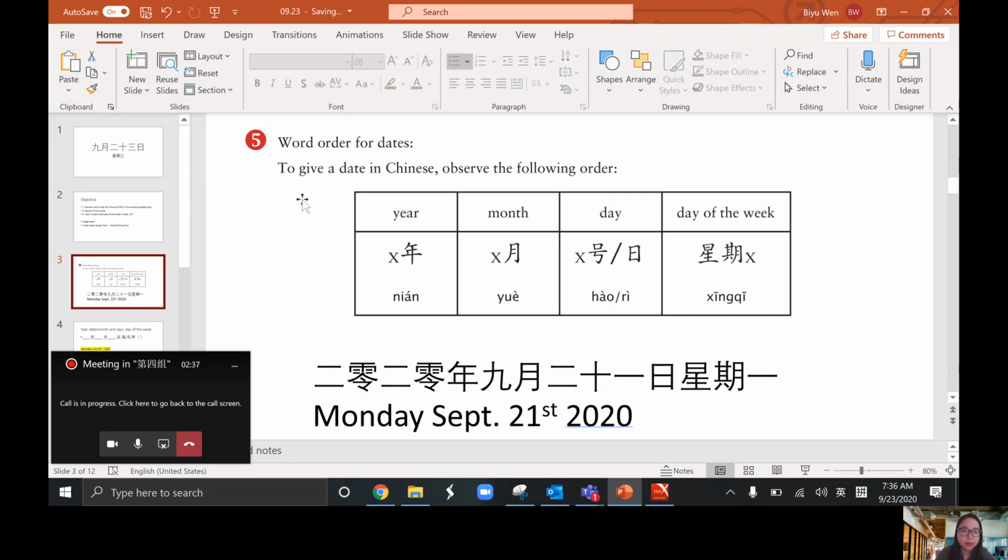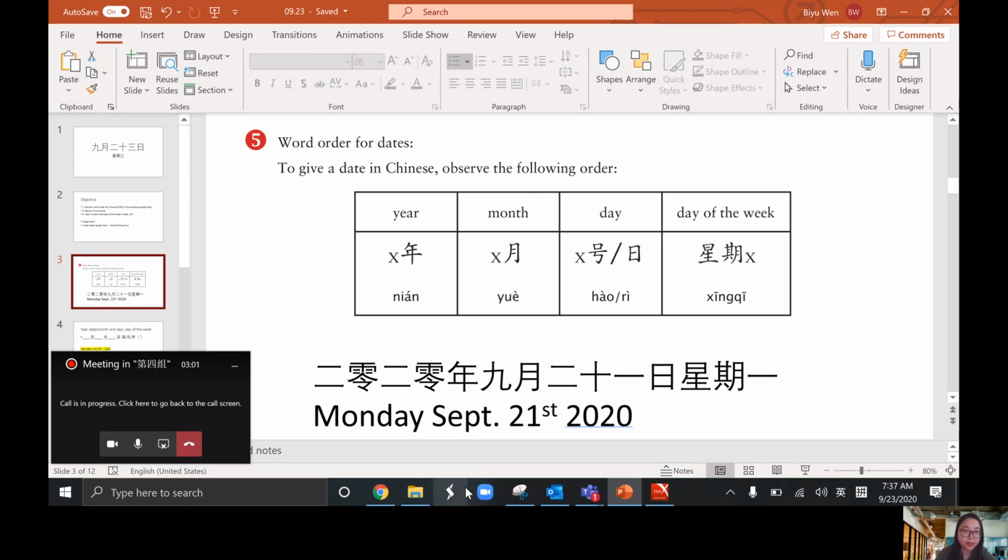好. So this is what I shared 2 days ago. We learned about word order for dates, and I noticed many of you have not mastered this concept yet. So I want to say that one more time. Unlike in English, Chinese word order for dates is quite different.